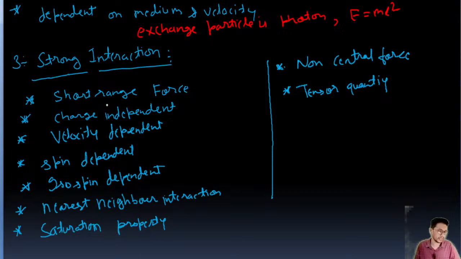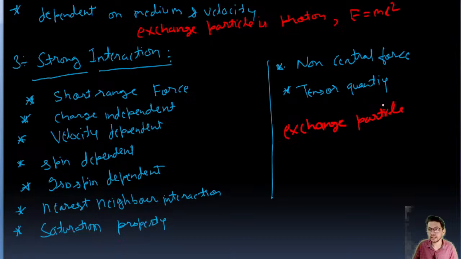Now next is the exchange particle. Exchange particle for strong interaction is gluon and meson, guys.